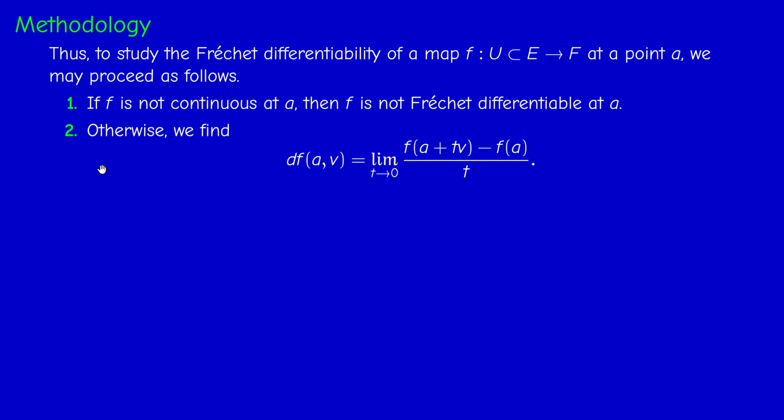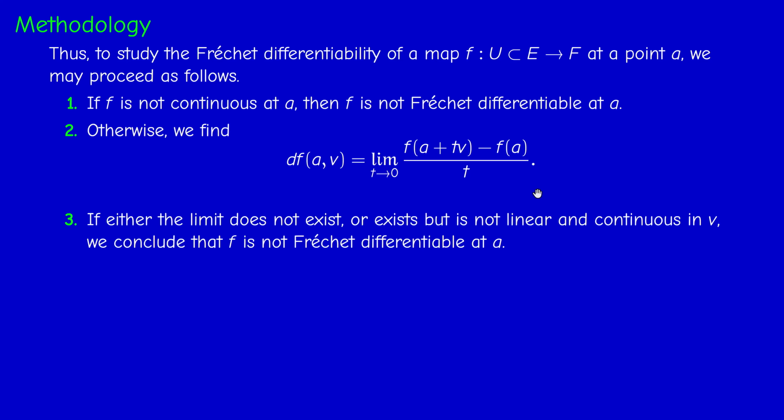Now, otherwise, we study this limit. If this limit does not exist, then we conclude that the function is not Frechet differentiable at the point. If it exists but is either not linear or not continuous, then we also conclude that the Frechet derivative does not exist.